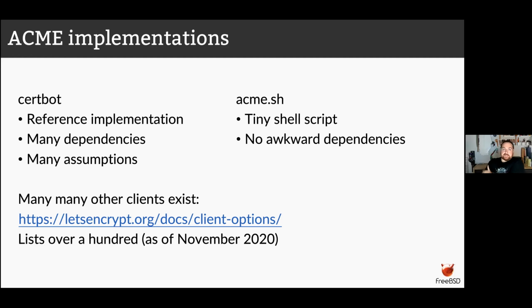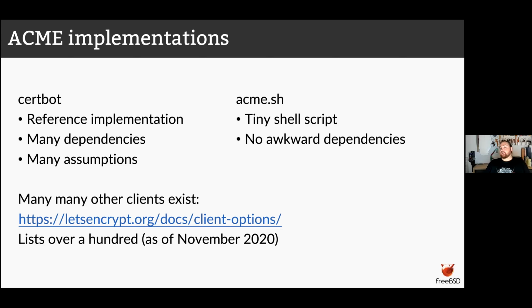It's a big application. It's got a lot of dependencies, and it makes many assumptions about what kind of environment you're going to be in. And it lacks elegance because it was not made to be elegant. It was made to implement this nice new protocol. So I'm not going to talk about Certbot because I like software that has a bit more elegance to it.